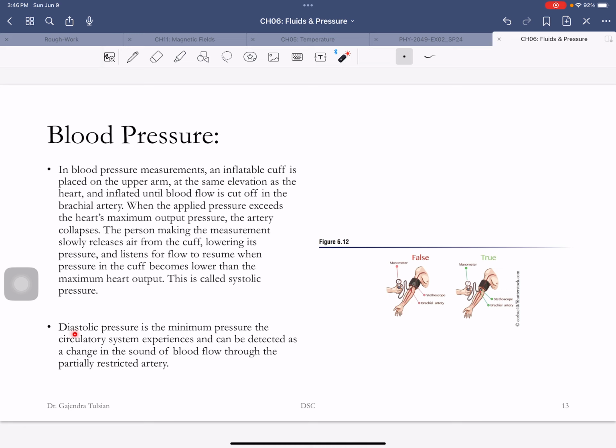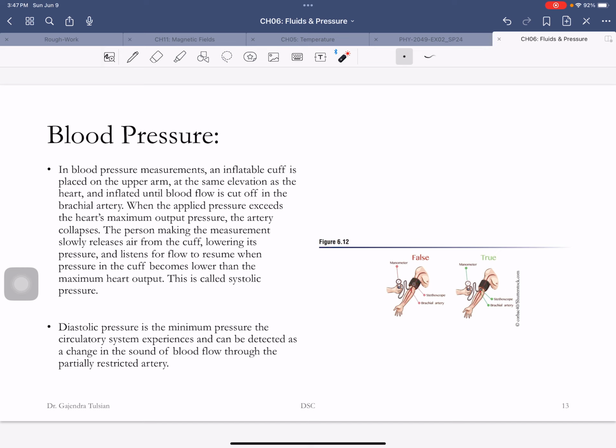And the diastolic pressure is the minimum pressure the circulatory system experiences, and can be detected as a change in the sound of blood flow through the partially restricted artery. So you keep reducing the pressure, and as the artery goes back to its full size, when the pressure is decreased below the minimum pressure, the flow will sound different.